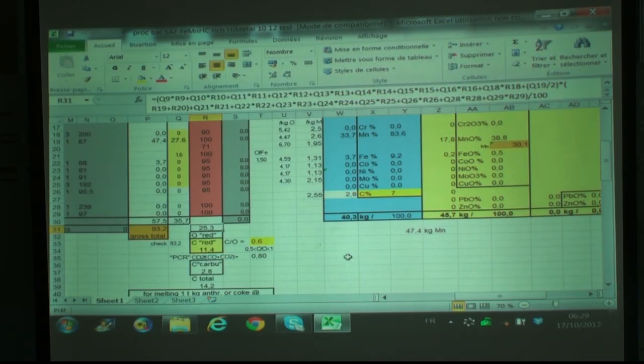Then it is the question: there are two types of oxygen that we remove. The one is from MnO2 to MnO. This is removed using CO. And the main one is oxygen removed in MnO using C.